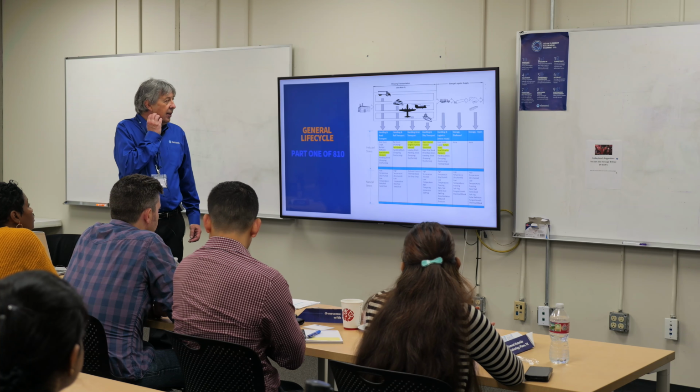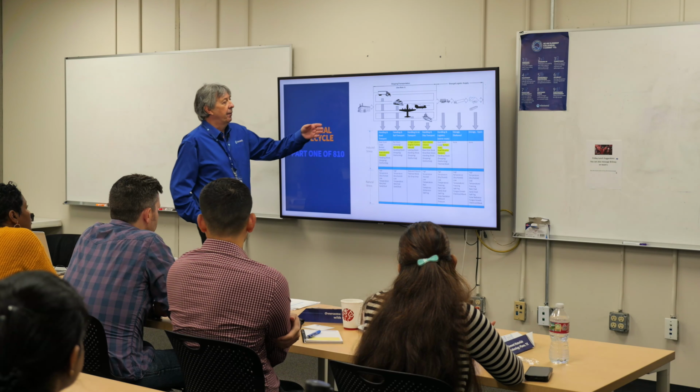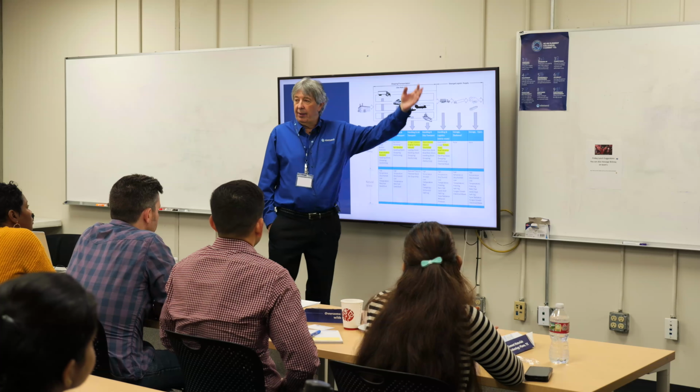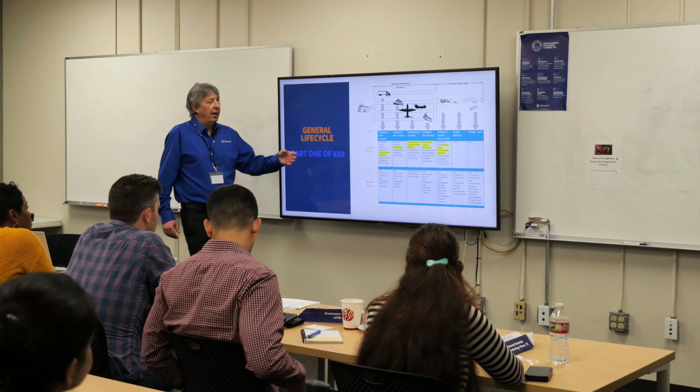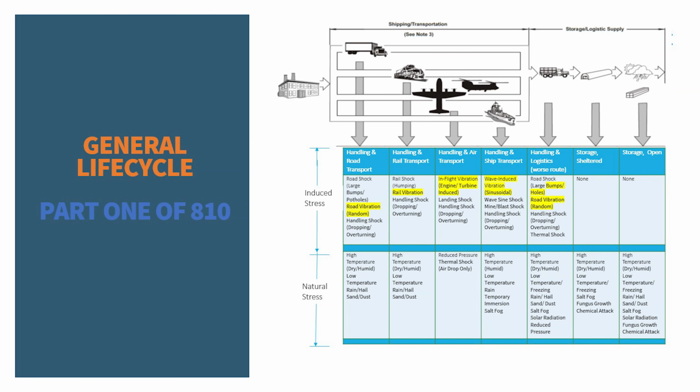The first thing is we need to know how your product is going to get from where you make it out to the field. Is it going to go by truck, train, aircraft, helicopter, boat, whatever it is? Since we're doing vibration, in handling you have road, rail, and in-flight.